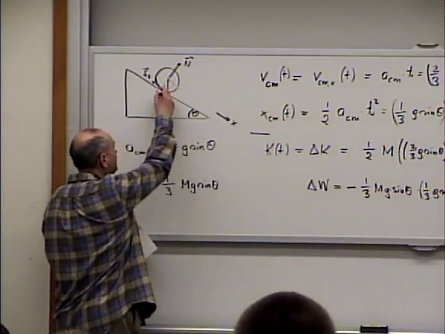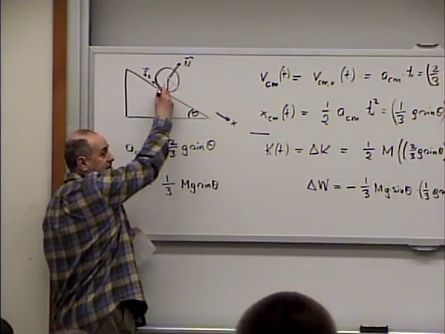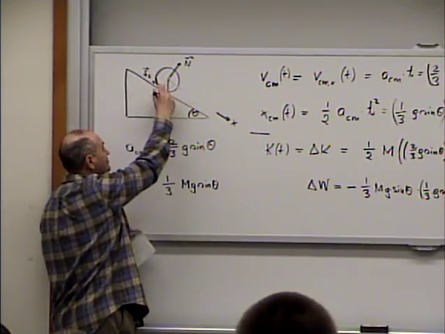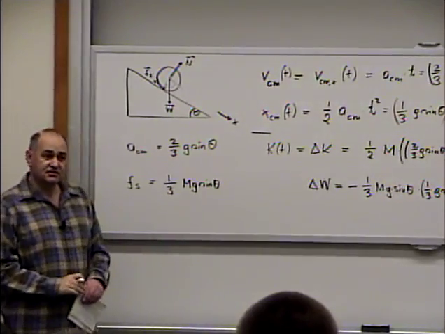Or I can think about an instantaneous axis, where this point doesn't move. So it looks like a rotational motion about that instantaneous axis.